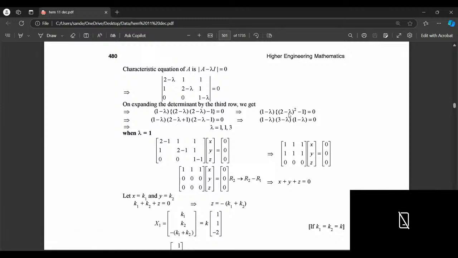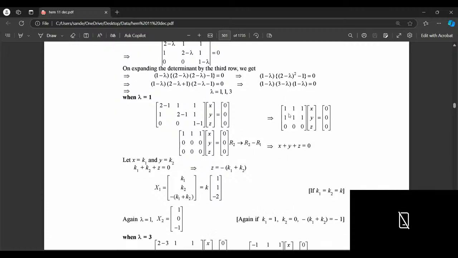Now you can take k1, k2. If k1 equal to 1, k2 equal to 1, or if we choose k1 is 1, k2 is 0, you will get another value here. Here you see the second, k1 is 1, k2 is 0. Therefore, z is minus 1 you will get there.